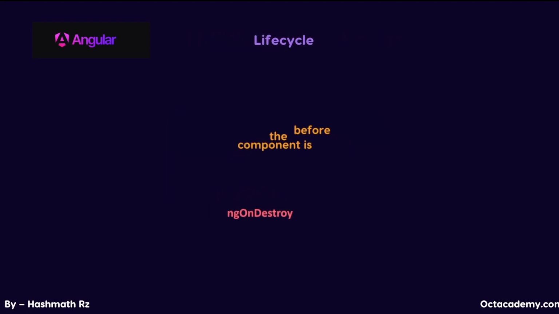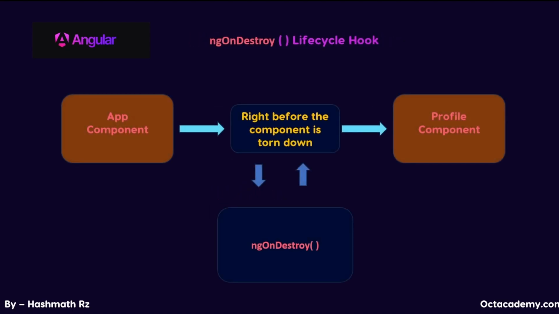It's your component's final chance to clean up any resources, unsubscribe from observables, detach event handlers, or do any other necessary cleanup task. Think of it as packing up and shutting down when you are done using a room. You make sure everything is turned off, packed up, and nothing is left behind before you leave. Hope you guys got the idea.